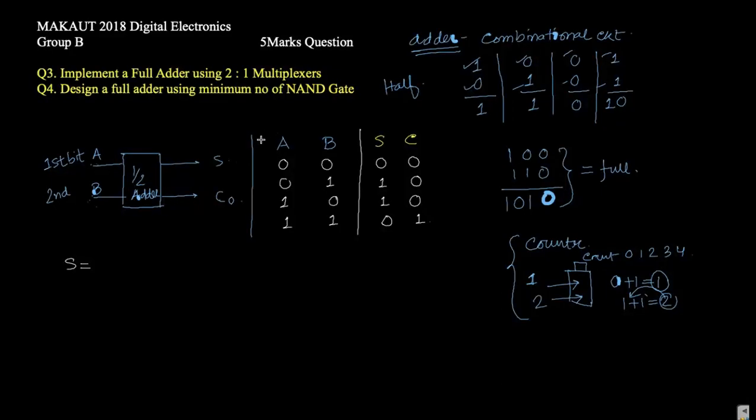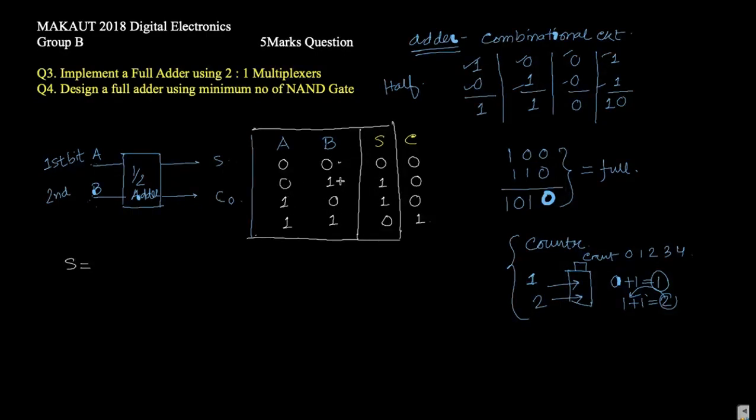If you look at this A, B and S table, you get that this is the output of the XOR gate. When in the input side there is an odd number of 1s, then the output is 1. Here there is no 1, so it is 0.